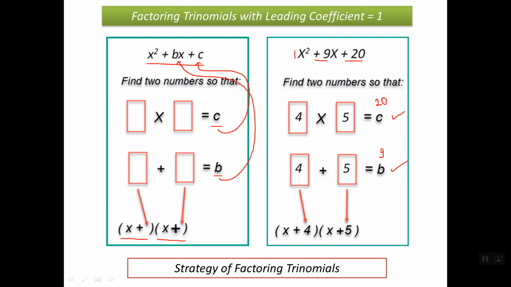So the second condition has been fulfilled, and the two numbers are plus 4 and plus 5. Now we can make the factoring. The two factors are x plus 4 multiplied by x plus 5. In the first factor, plus 4 is the first number, and in the second factor, plus 5 is the second number.